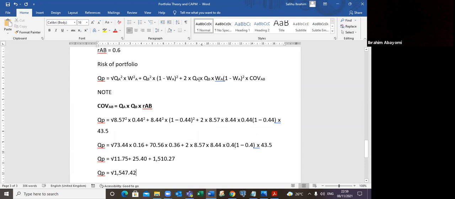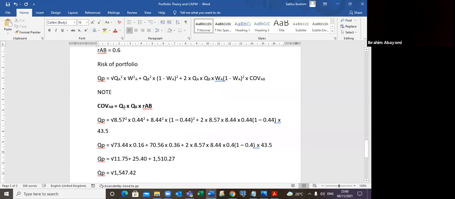Two times standard deviation of A, standard deviation of B. I want to ensure this formula is fine. I see where the issue is.